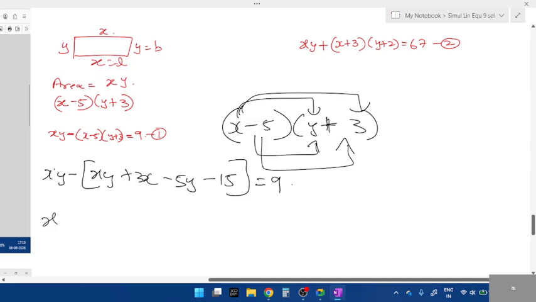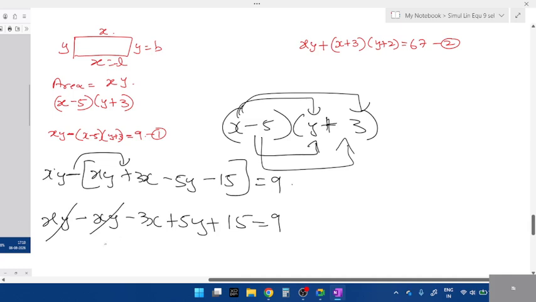Now when you open the bracket, minus of xy minus 3x minus 5y minus 15, this minus should get multiplied with everything. Minus into plus is minus 3x. Next, plus 5y, plus 15, is equal to 9. Plus xy minus xy gets cancelled. So you have minus 3x plus 5y.